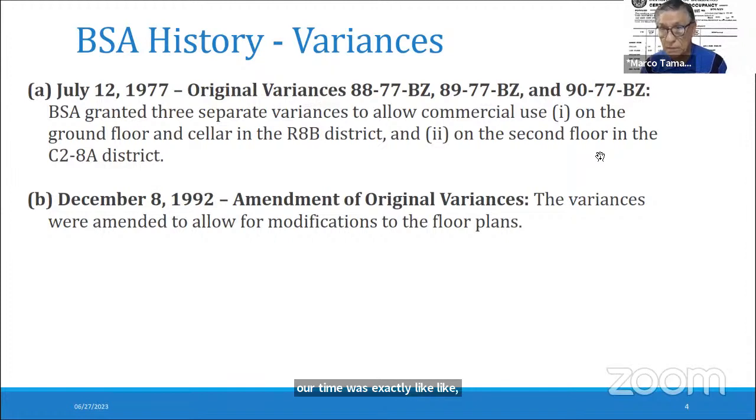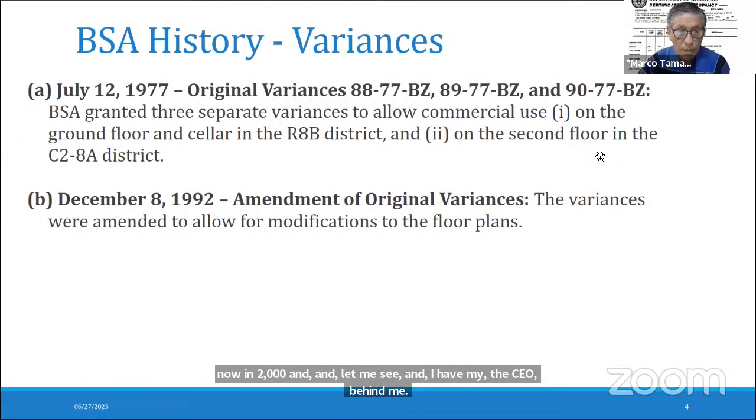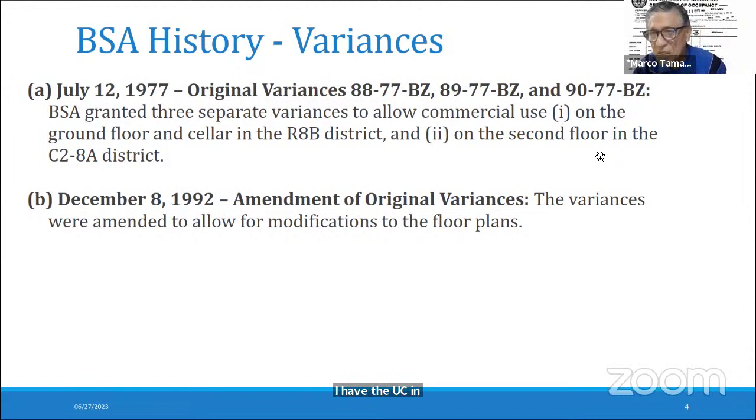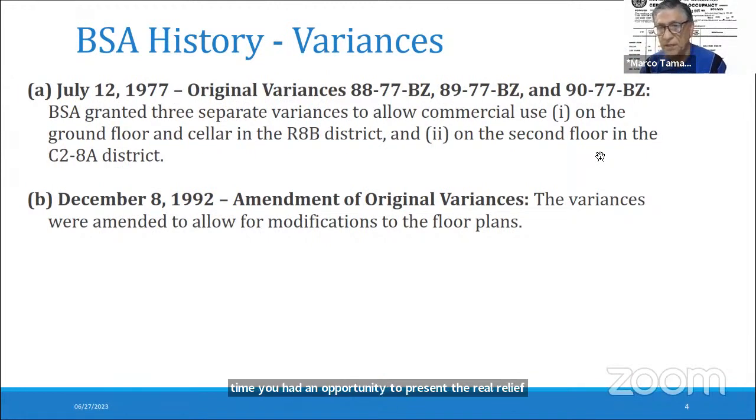That was a depression. That's fine. But now, I have your CO behind me. In 1994-95, you obtained the final CO where you describe all the uses. So that means at that time, you had an opportunity to present the real relief that you needed in order to obtain the variance. And the variance was granted because you said, this is what I need. And that was the relief that was granted to you.